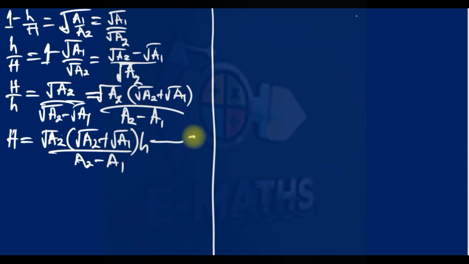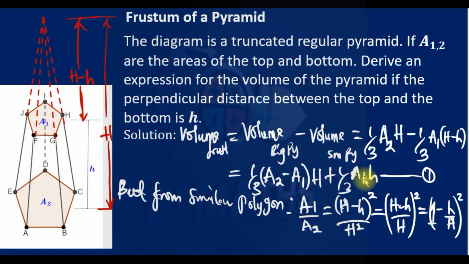So let's call it equation 2. So what I will do now, I'll go to equation 1 and substitute this, because this is the unknown here. We know h, we know small letter h, and a1 and a2.